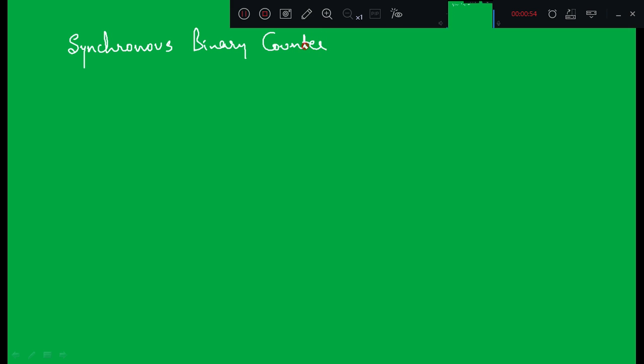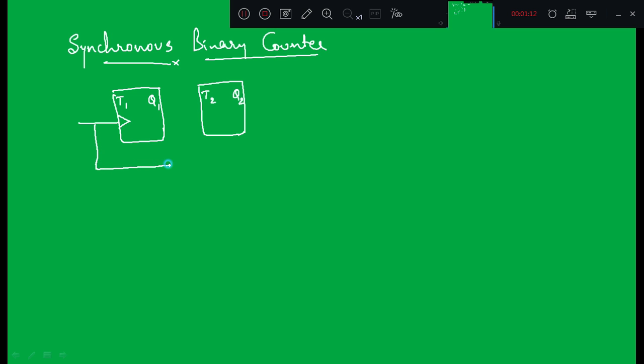Synchronous binary counter. Why is it called synchronous here? Because the control signals of all the flip-flops are connected to a common signal called clock, right? So here I'll show you how the connection will be. I am going to show you only the connection here. It is not the actual counter circuit.